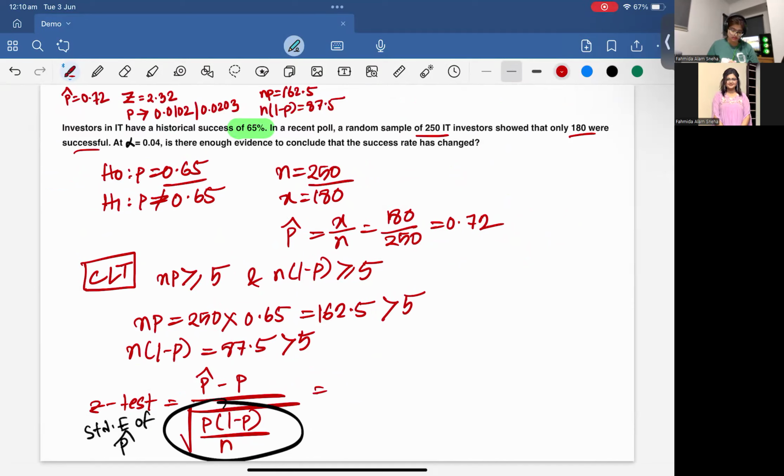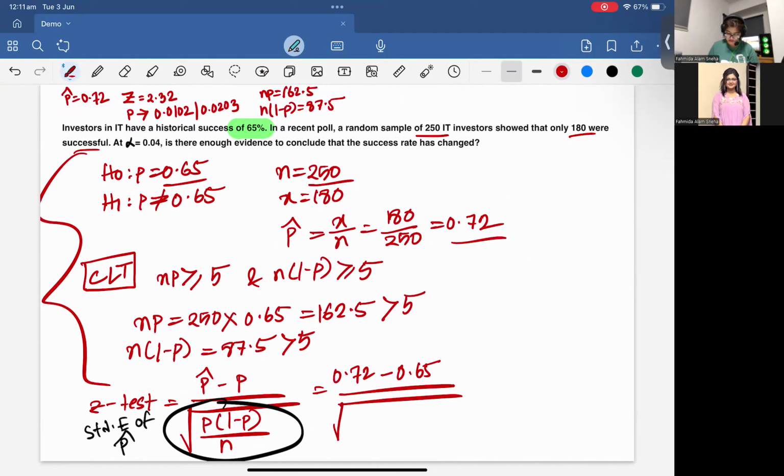So the sample proportion is 0.72 minus the population proportion 0.65, over the square root of 0.65 times 1 minus 0.65 divided by n, which is the sample size 250. So the z-test value is 2.32.